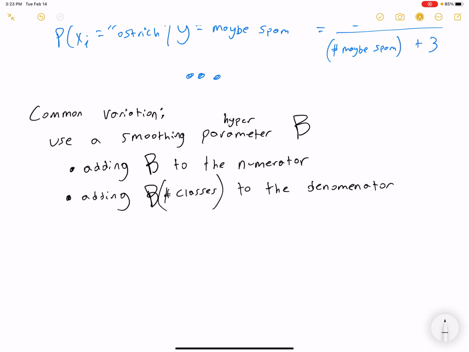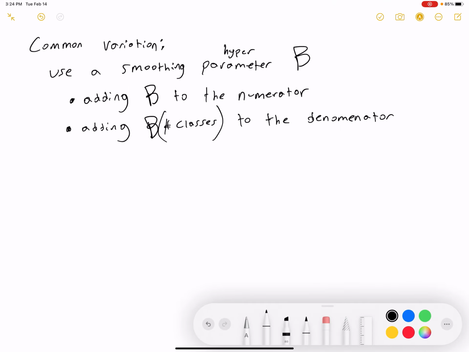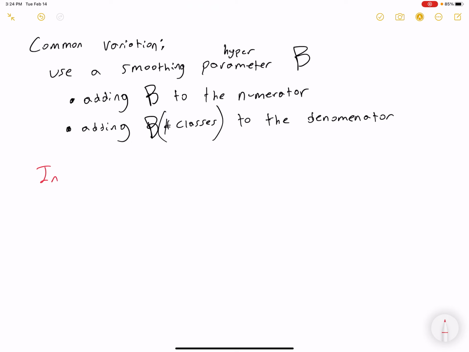Using a smoothing hyperparameter where you add beta to the numerator, or add beta times the number of classes to the denominator. And in homework 3, beta is the smoothing parameter, technically hyperparameter.